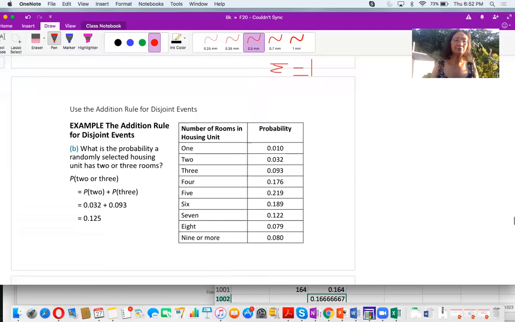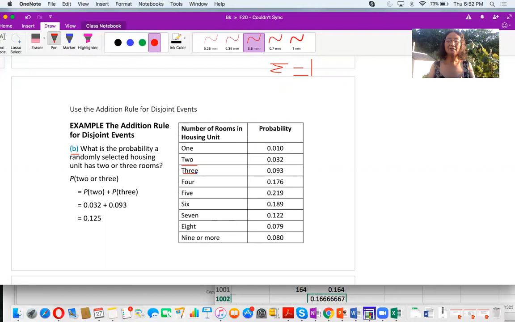And question B, what is the probability a randomly selected housing unit has 2 or 3 rooms? When a housing unit has 2 rooms, it cannot have 3 rooms.